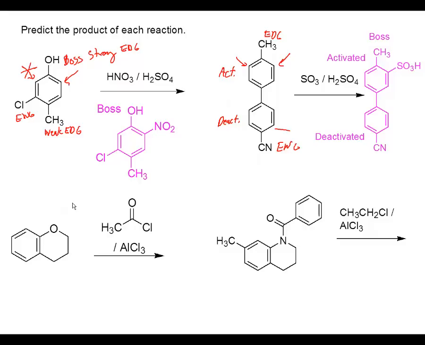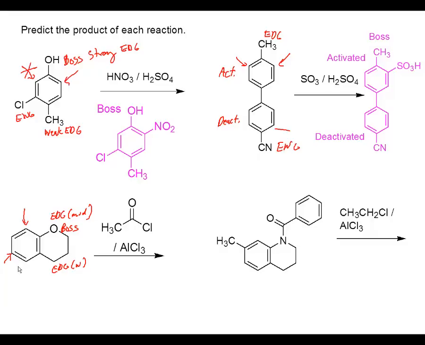In this case, we have a strong electron donating group, a moderate electron donating group, and a weak electron donating group. Therefore, this one is the Boss substituent. It's going to want to put things here or here.